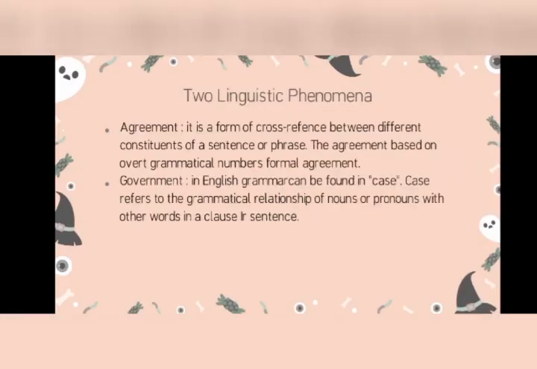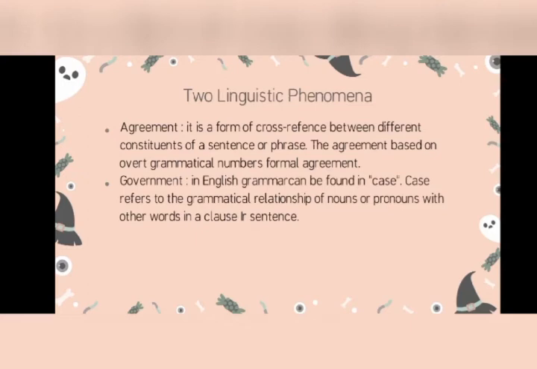And then government in English grammar can be found in case. Case refers to the grammatical relationship of nouns or pronouns with other words in a clause or sentence. Pronouns show their case distinctions: nominative, genitive, and accusative.